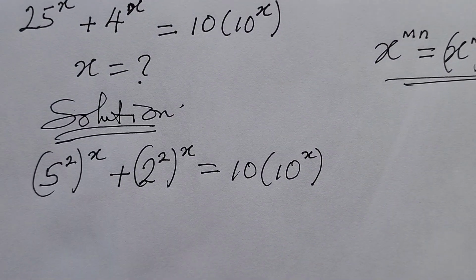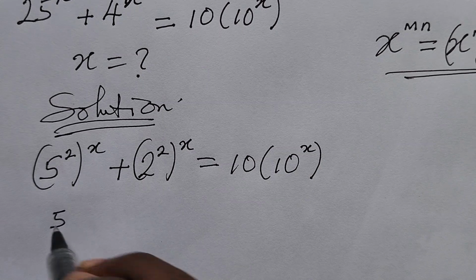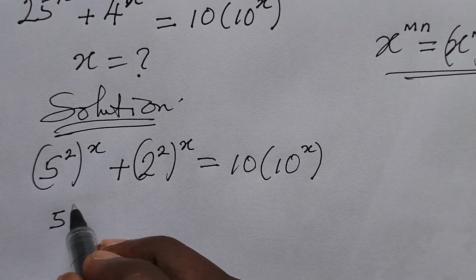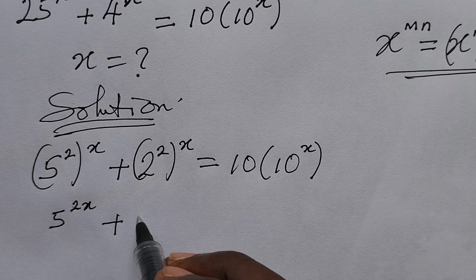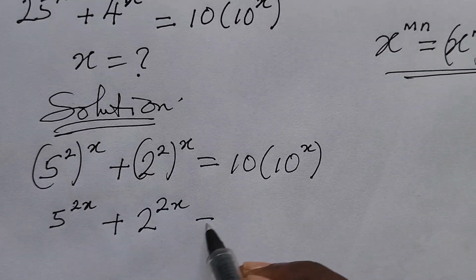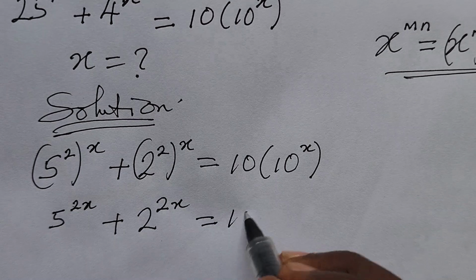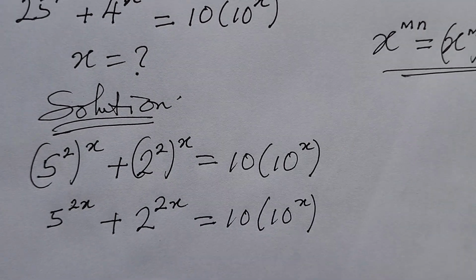With this, we can now use this to multiply this. So this is going to give us 5 to the power of 2x, then plus 2 to the power of 2x. This is equal to 10, the bracket 10 to the power of x.